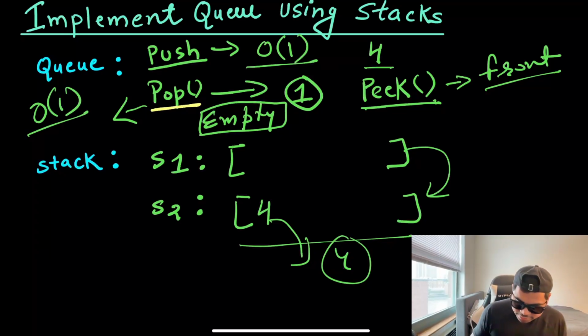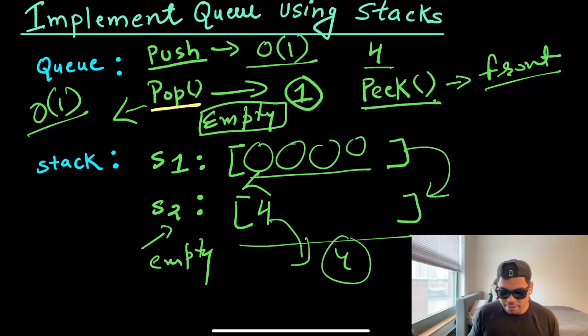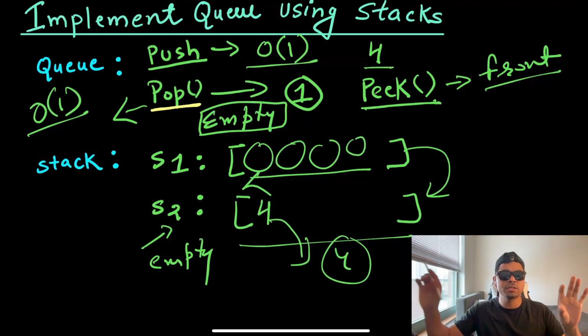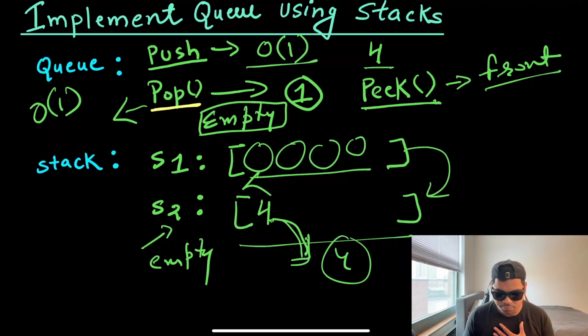There are cases when S2 is empty, then I take all of these elements, and if all the push operations were done together, then it would become big O of n, but on average it will be big O of 1. It could become a worst case big O of n operation, but on average I think it will be big O of 1 because I will be popping out from my S2.